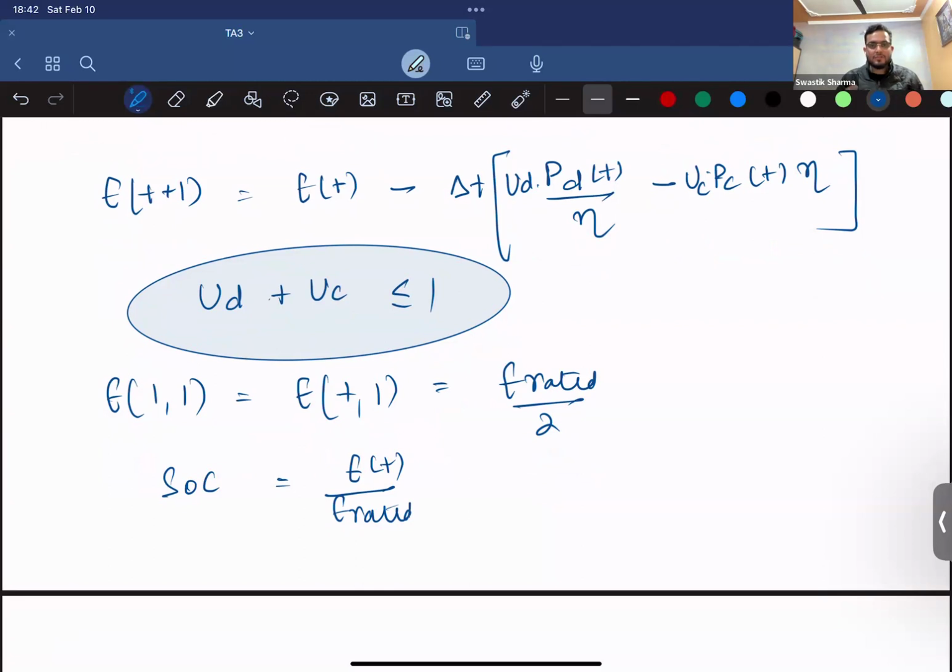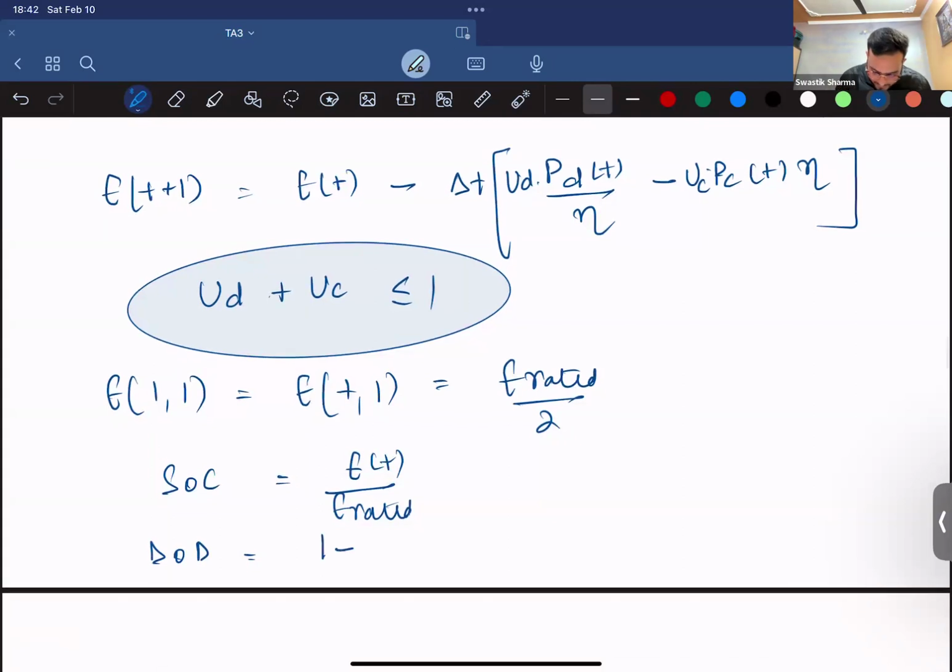So if your battery can store 100 kilowatt hours, it's at 50 kilowatt hours right now. That is what is stored in the battery. Then you have depth of discharge. This is an important quantity. This is nothing but 1 minus SOC. We usually use it when we are performing analysis on degradation cost. That's where you will see it most, which is just 1 minus SOC.